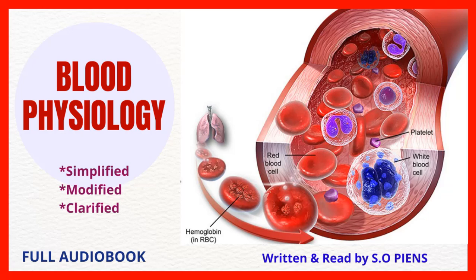Alright, then let's look at the clotting factors and their synonyms. Fibrinogen is factor 1, prothrombin is factor 2, tissue factor is factor 3, calcium is factor 4, factor 5 is labile factor, factor 7 is stable factor (there's no factor 6), factor 8 is anti-hemophilic factor A, factor 9 is Christmas factor or anti-hemophilic factor B, factor 10 is Stuart-Prower factor, factor 11 is anti-hemophilic factor C, factor 12 is Hageman factor, and factor 13 is fibrin stabilizing factor.